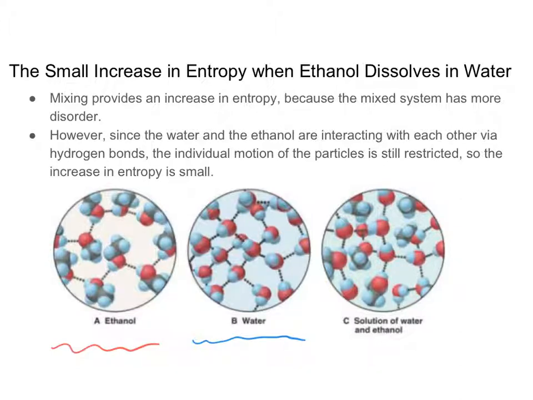The intermolecular forces attracting the ethanol molecules together and the intermolecular forces attracting the water molecules together, when you dump ethanol inside of water, we end up with some motion of the particles being restricted, so there's a small entropy increase. It's not super measurable, but it is an entropy increase nonetheless because we increase in disorder. Does that make sense?